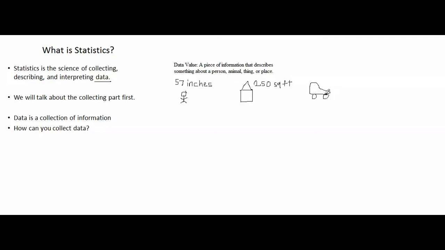I'll try to put a window here so that it looks kind of like a car. If this car is worth $200,000, then $200,000 is a data value that describes something about this car.